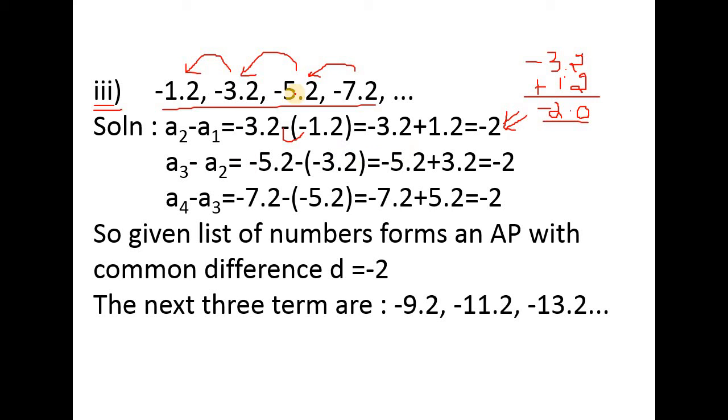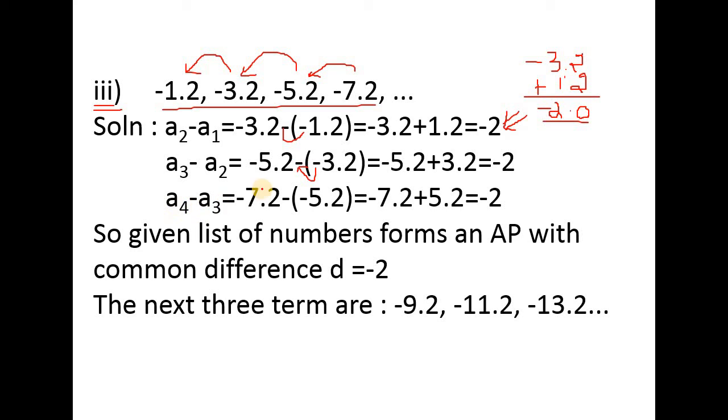Similarly, A3 minus A2. The third term is minus 5 by 2, minus of minus 3 by 2. You multiply the signs, minus and minus is plus. So minus 5 by 2 plus 3 by 2. You subtract and you will get minus 2 by 2.